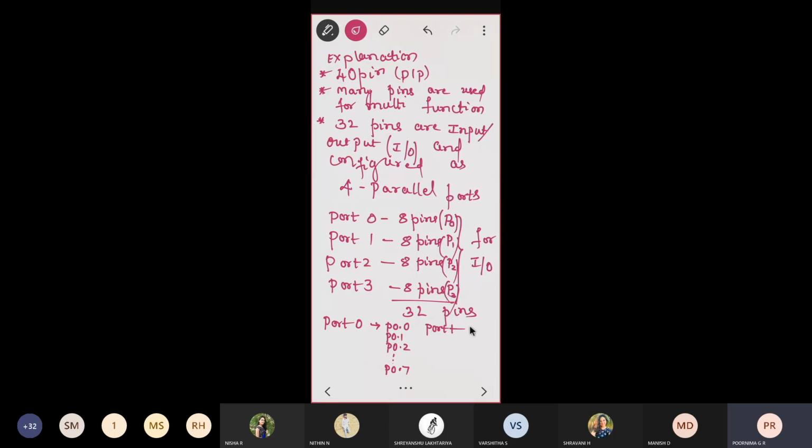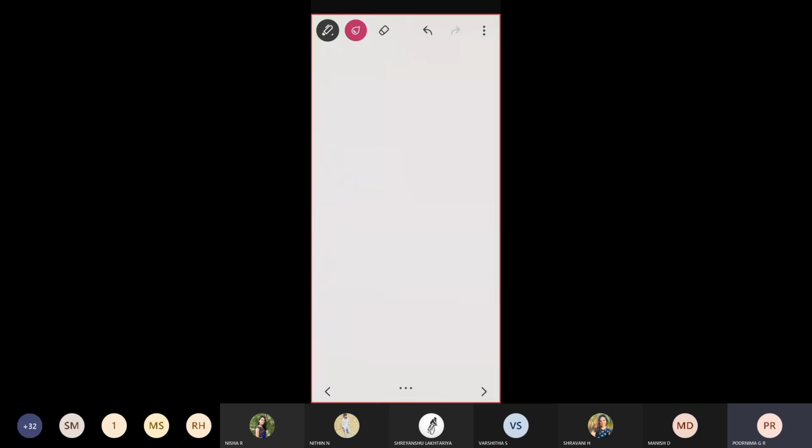Now port 1 is P1 dot 0 to P1 dot 7, port 2 is P2 dot 0 to P2 dot 7, and similarly port 3 is P3 dot 0 to P3 dot 7.